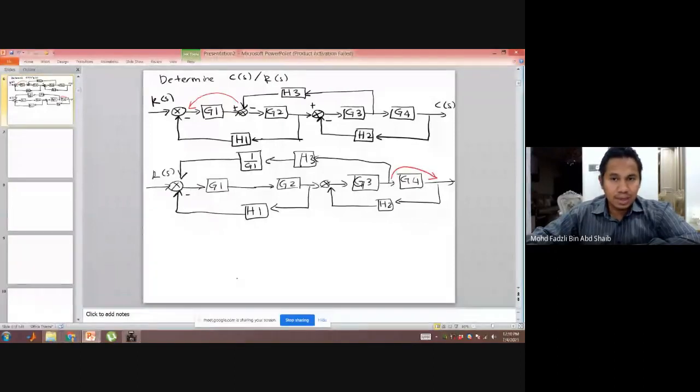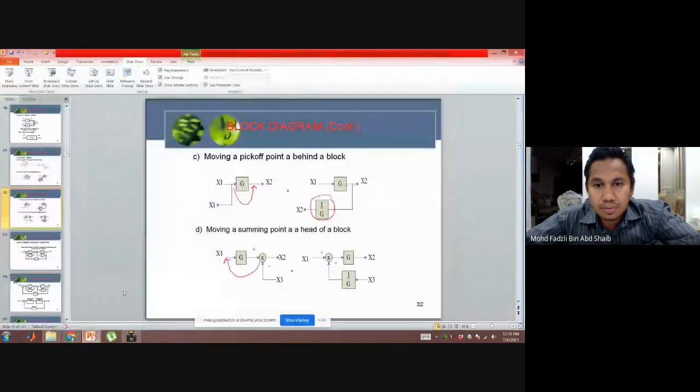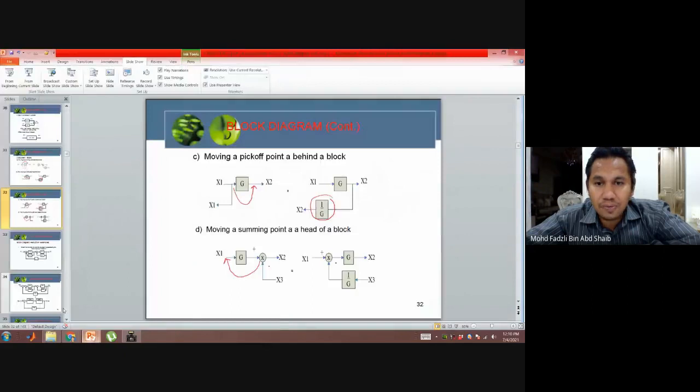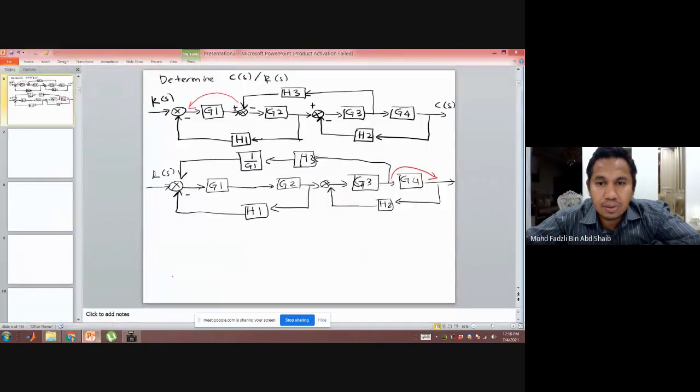When we move at the back, here becomes the C. When we move at the front, it becomes C times 1 over G, right?